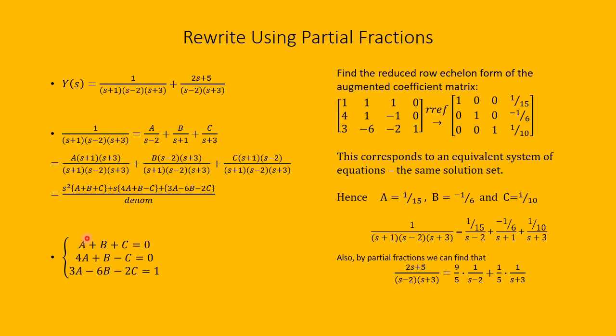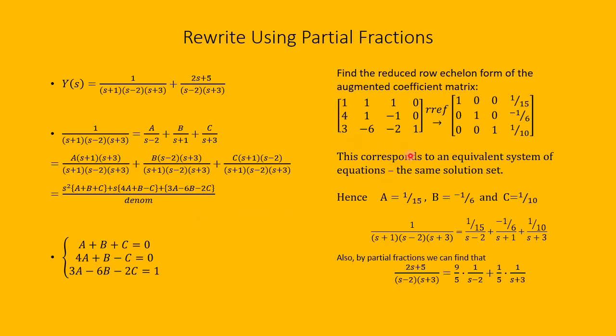We'll just write down the coefficients of A, B, C, and the constant terms. So this first equation in the matrix corresponds to the row 1, 1, 1, 0. This second equation corresponds to 4, 1, −1, 0. This third equation corresponds to 3, −6, −2, 1.